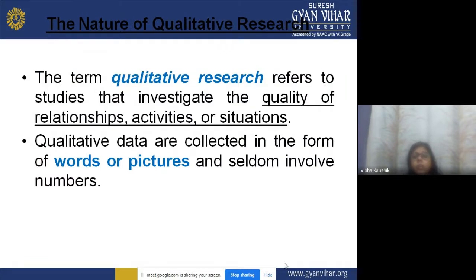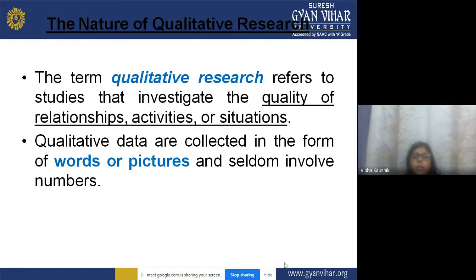The nature of qualitative research. The term qualitative research refers to studies that investigate the quality of relationships, activities, or situations. When we are talking about qualitative research, it refers to studies that investigate the quality of the relationship between the variables, the activities that have been conducted, or the situations of the researchers.